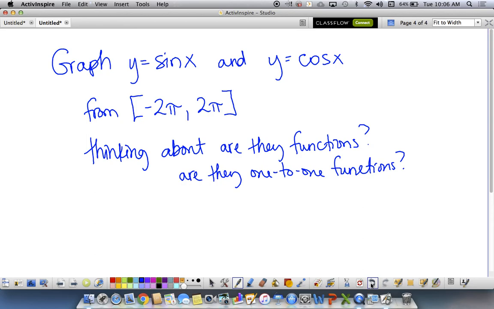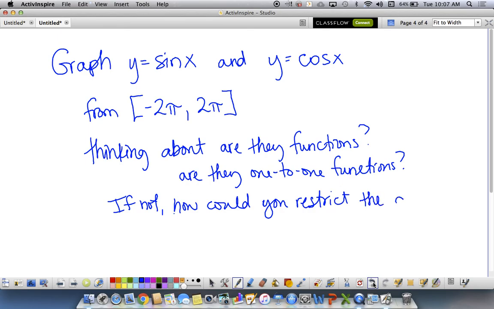If they're not, how could you restrict, be careful about this though, how you can restrict the domain of each one?